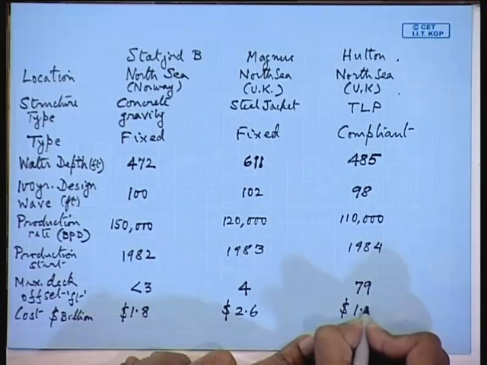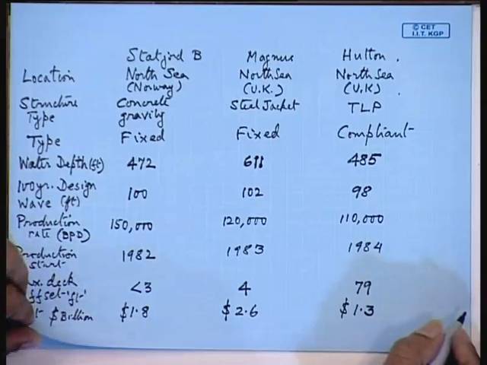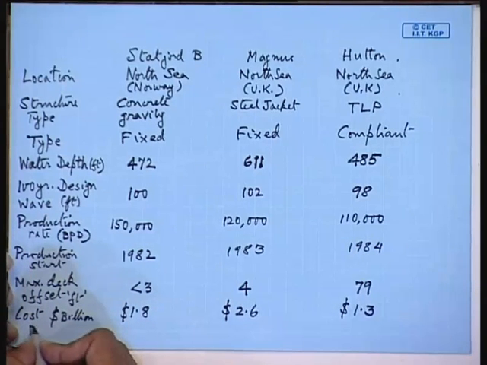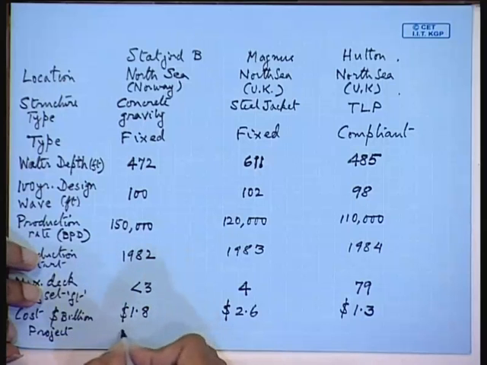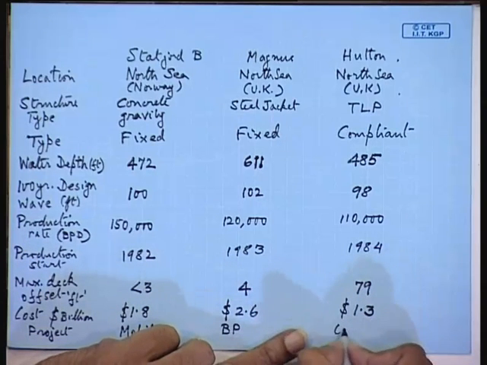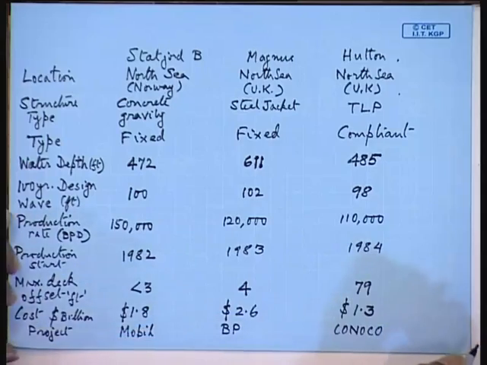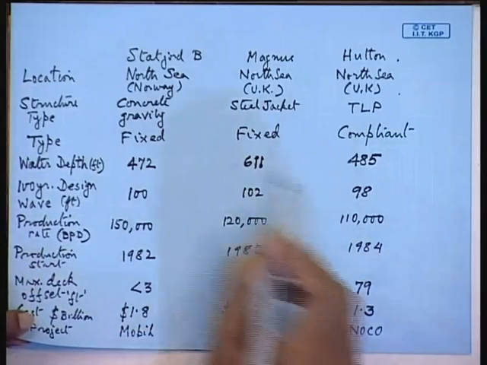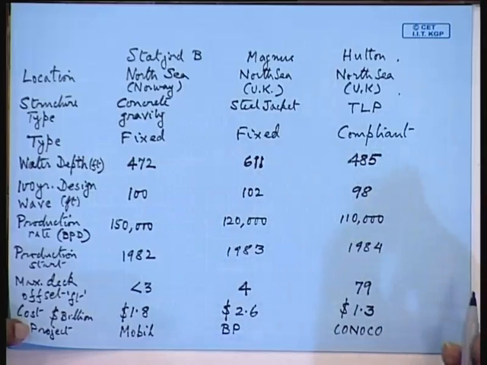So you can see the compliant structure has the minimum cost. And the project operators, you write, the first one is Mobil, then this is British Petroleum, and this is Conoco. So this is a rough comparison of three types of platform: gravity, steel jacket and TLP.